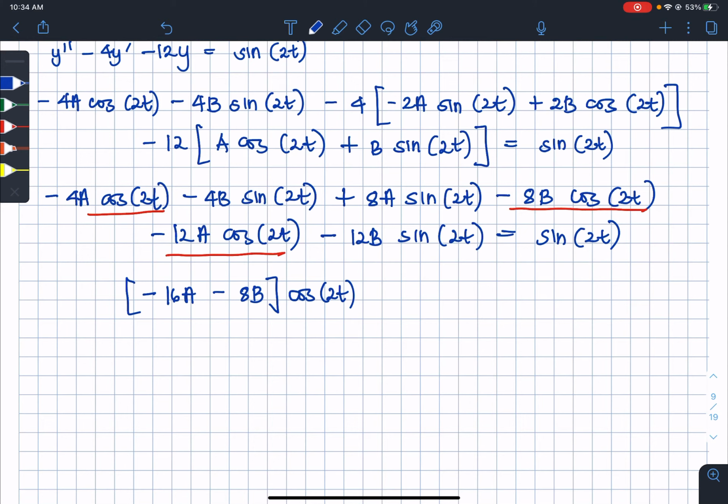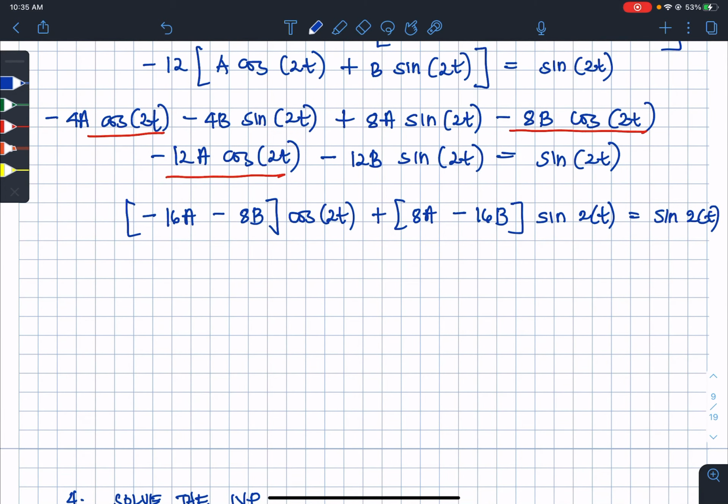And then for sine, we'll have plus 8a, and negative 4b and negative 12b, so we'll have negative 16b, sine 2t is equal to sine 2t.